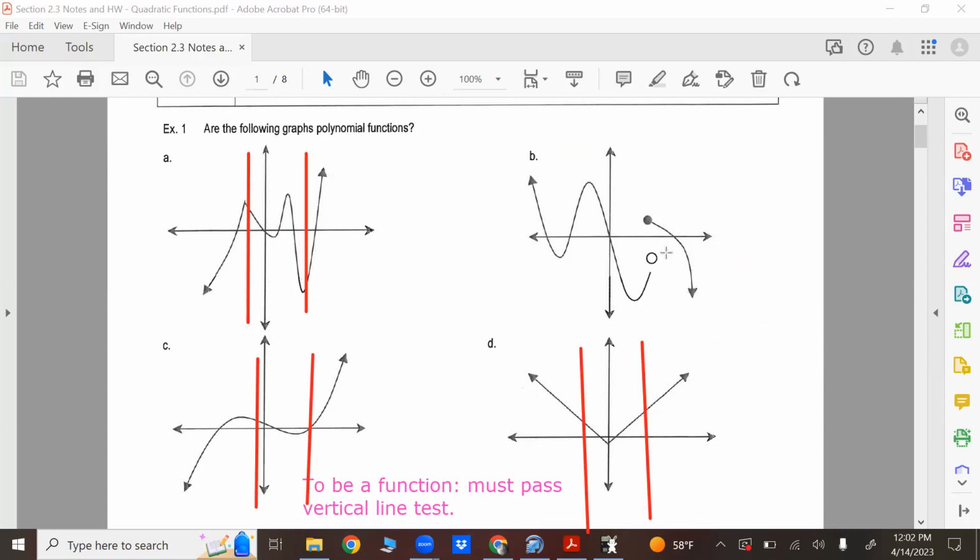I think this one does too, and I think this is just a typo because that's supposed to be a hole right there, so that hole is just a little off-centered. This would pass also. So all of them are. Are all polynomial functions? They are, and that's the whole point we're trying to get here. All four graphs are functions.